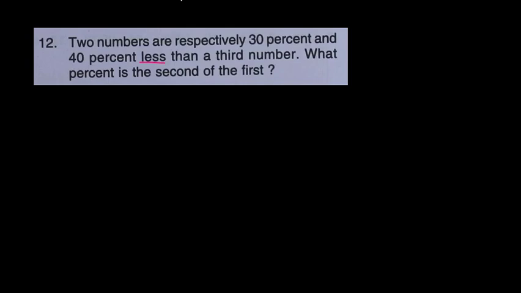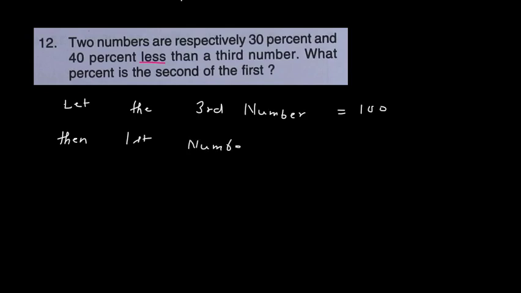So you can start with letting the third number be x, or let the third number be 100. Then two numbers are respectively 30% and 40% less.